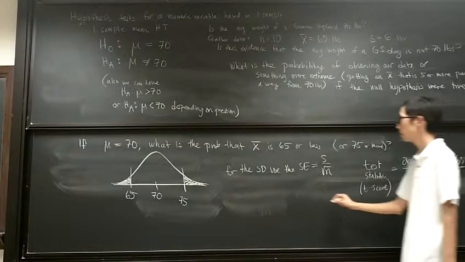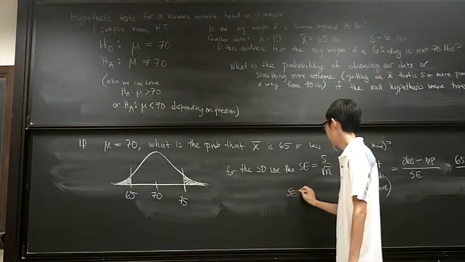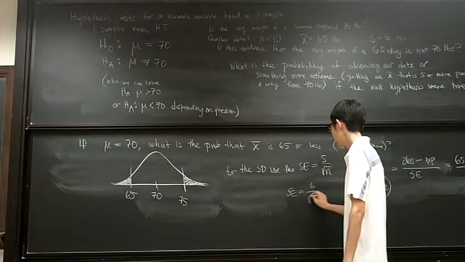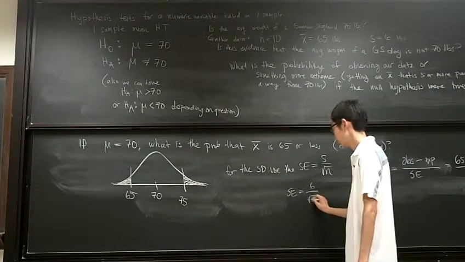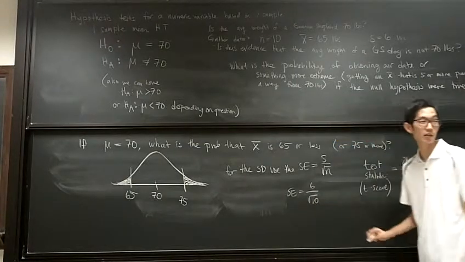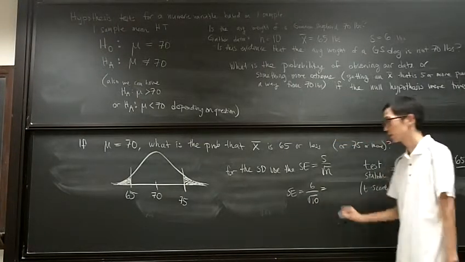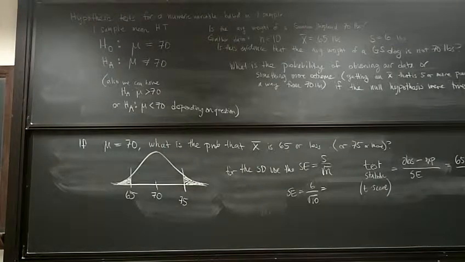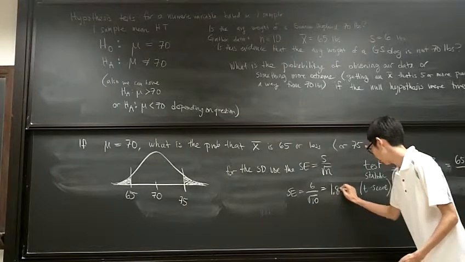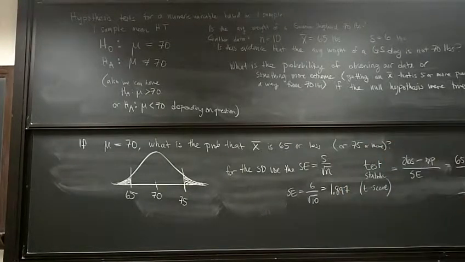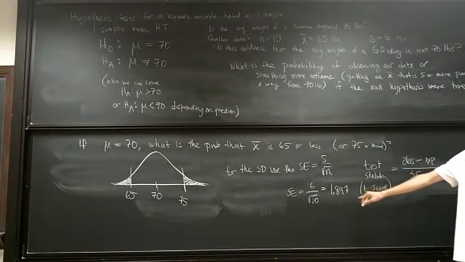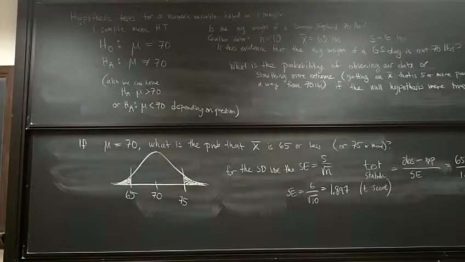So what's my standard error? 6 over the square root of 10. 1.897? Okay. All right, is everybody with me so far? Okay, so I'm going to get 1.897.